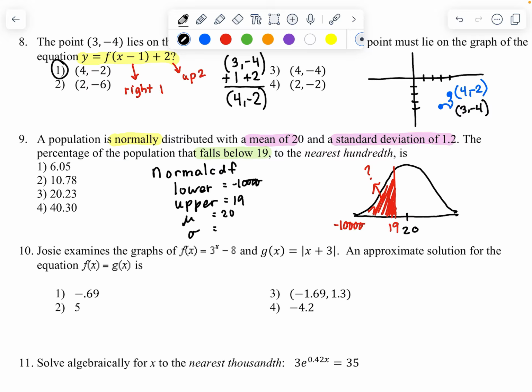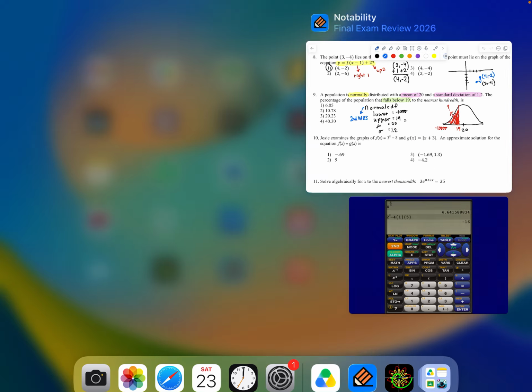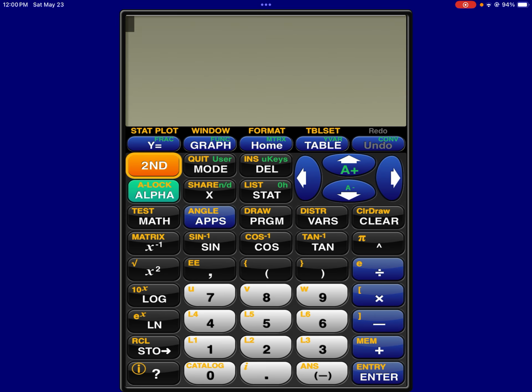My mean is 20, and my standard deviation is 1.2. So to get normal CDF, it's second vars. So second vars, normal CDF. Now I know mine's a little bit different, but I'm still going to go in the same order.